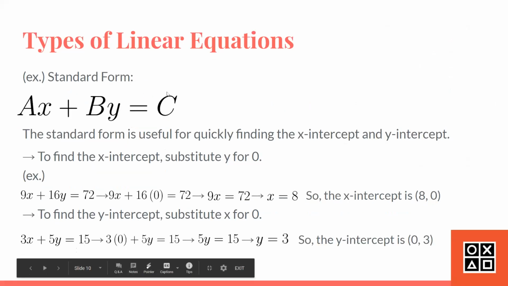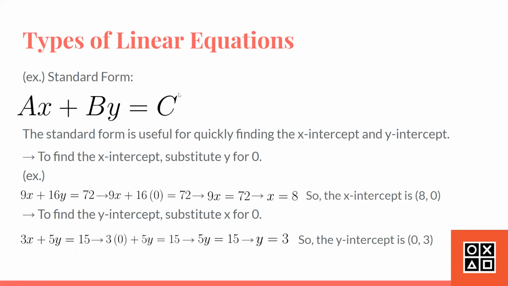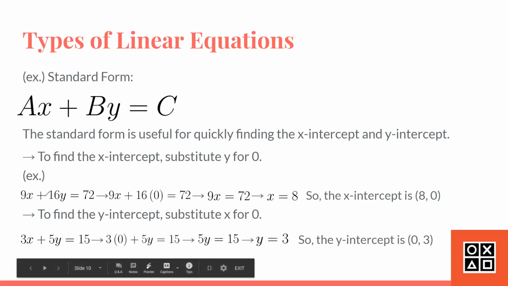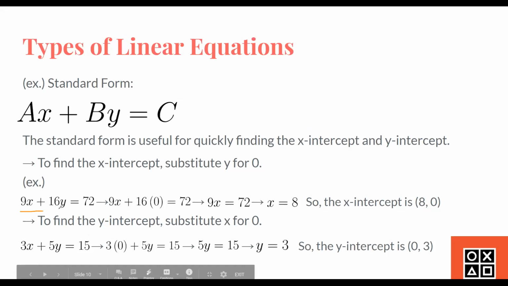The final type is the standard form, and it's an equation ax plus by equals c. The standard form is useful for quickly finding the x-intercept and y-intercept. To find the x-intercept, substitute y for 0. For example, if the equation is 9x plus 16y equals 72, we substitute y equals 0.